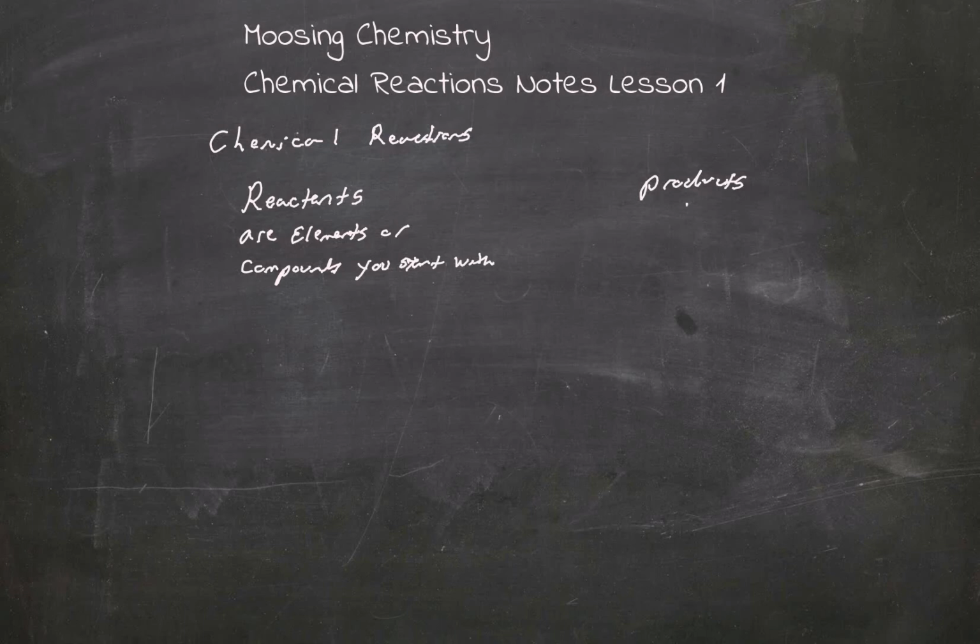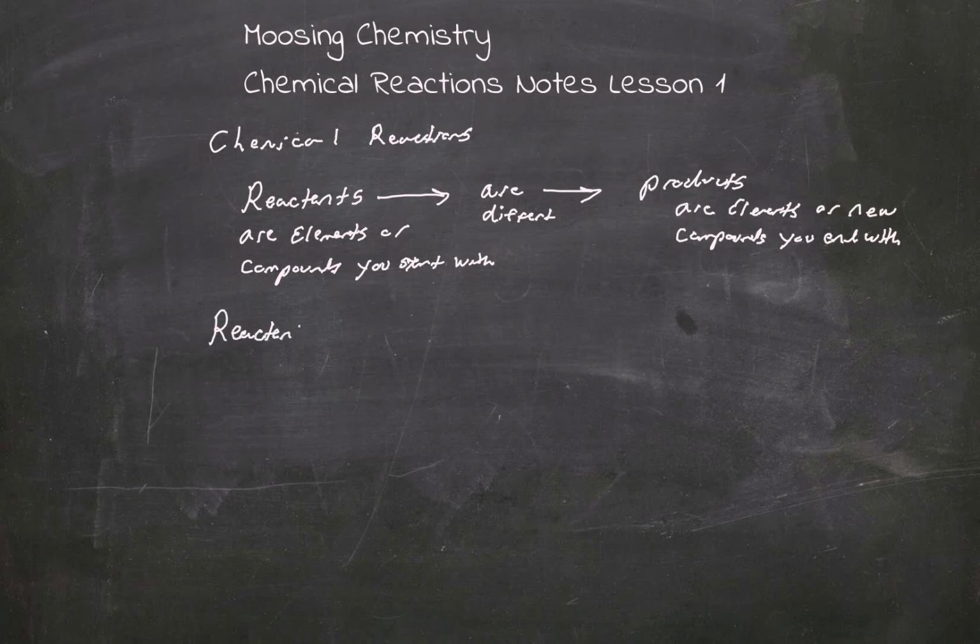Products are elements or compounds, or new compounds, for example, you end with. So what I'm saying is that reactants are different from their products. So in essence, reactants create products.